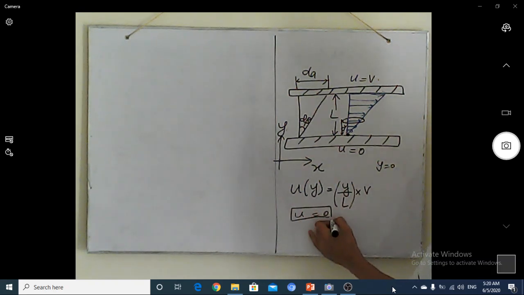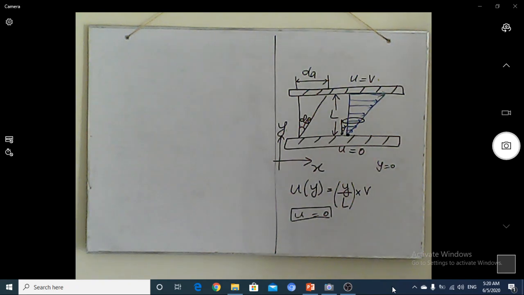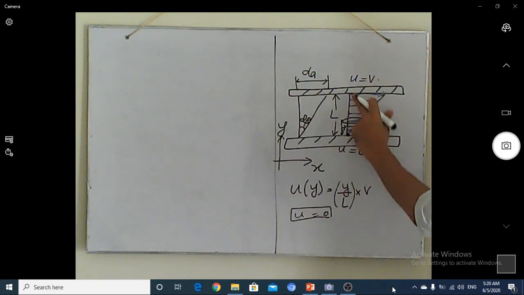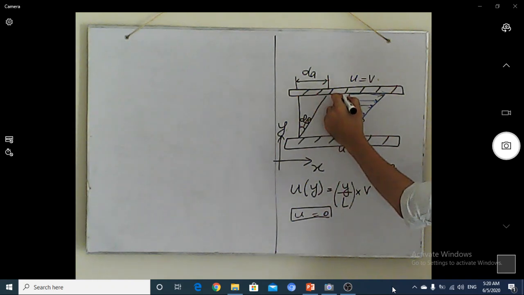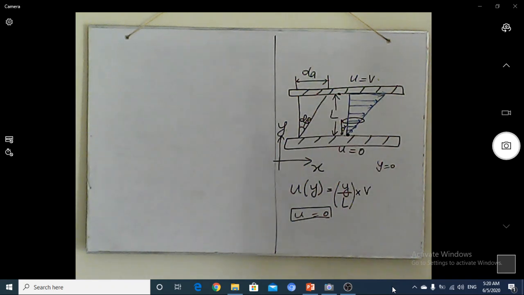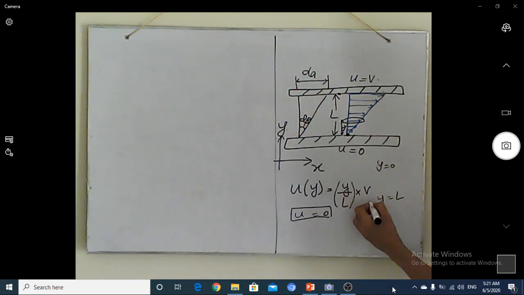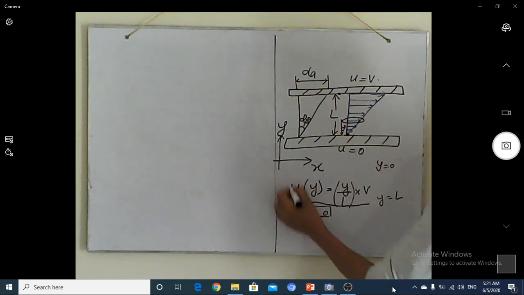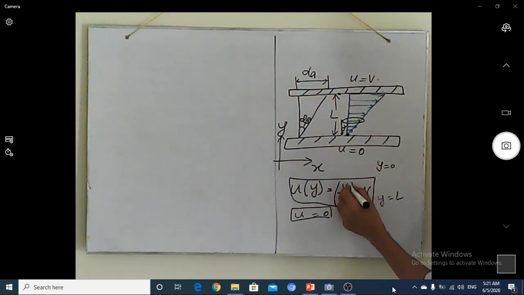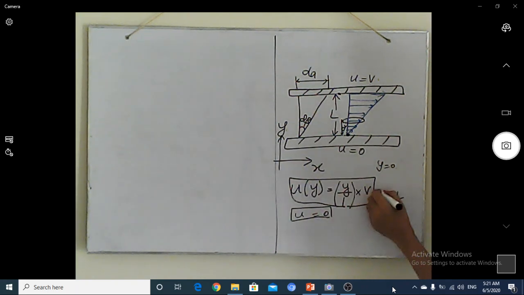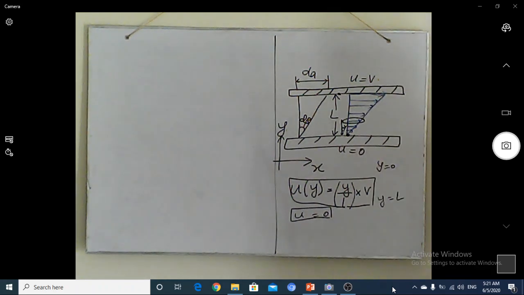And if you need to know the velocity at the highest level, then y becomes equal to L, and this equation reduces to L divided by L multiplied by V. So it becomes the maximum velocity.